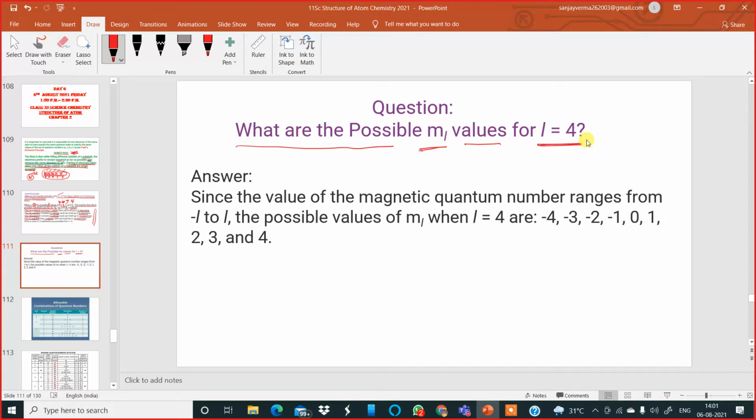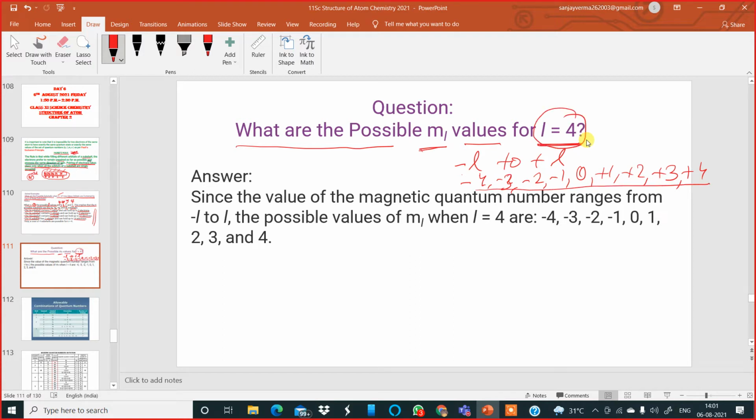So whenever L is equal to 4, the values of ML range from minus L to plus L. So here we start with minus 4, then minus 3, minus 2, minus 1, 0, plus 1, plus 2, and plus 3. Okay, so plus 3 and one more is there, plus 4. So these are the possible values of ML for azimuthal quantum number 4.